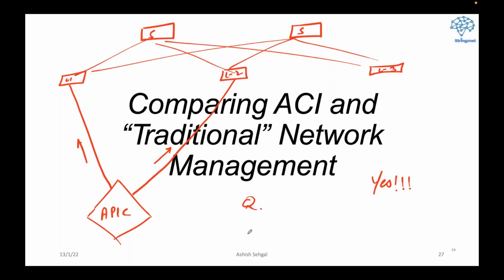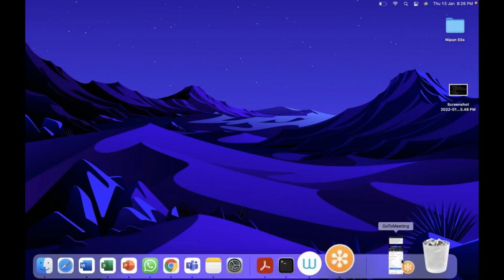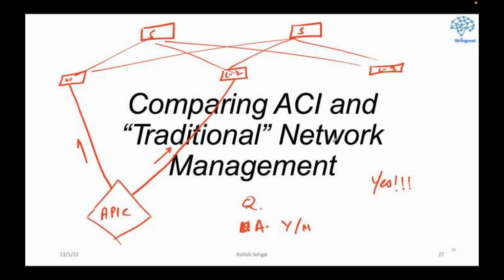This is my question to you, and you can answer yes or no. If you want to speak, very well. If you just want to type the answer, that is also appreciated. I'm bringing the chat window in front of me.